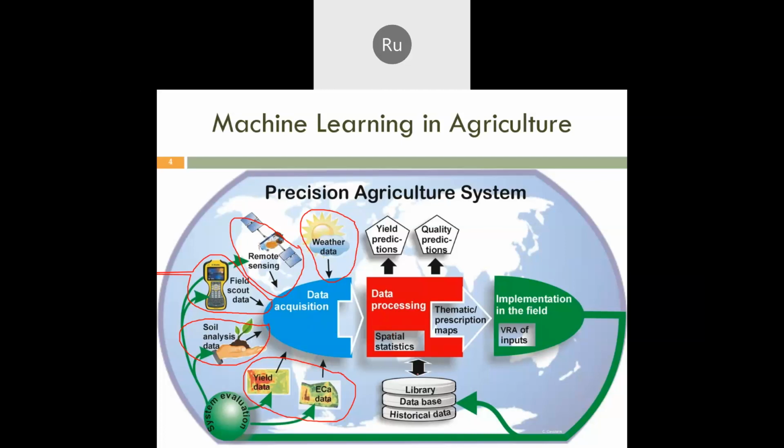Okay, so based on this data that we have, we will process them. Okay, so we will store them in the database. So for us to be able to get some knowledge from the data, we need to use machine learning. So machine learning will be applied here. Okay, machine learning. So we can do some yield prediction. We also look at the quality prediction, where we say, okay, this is grade A, grade B, and so on.